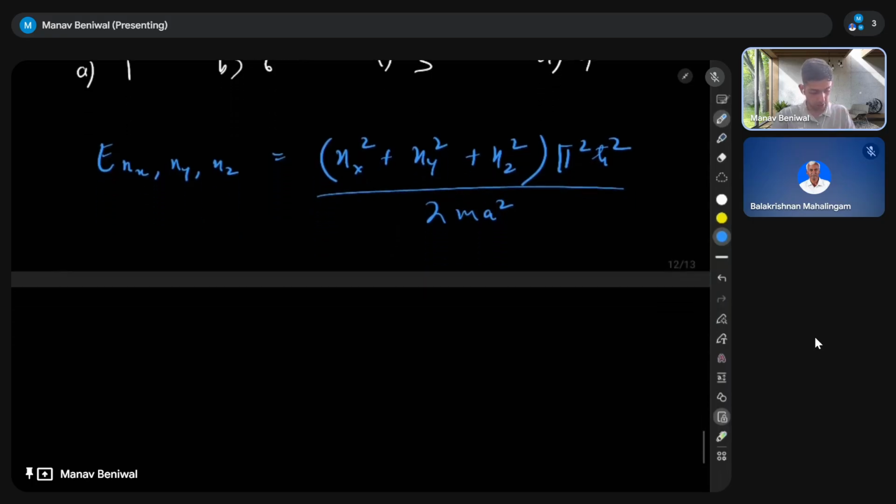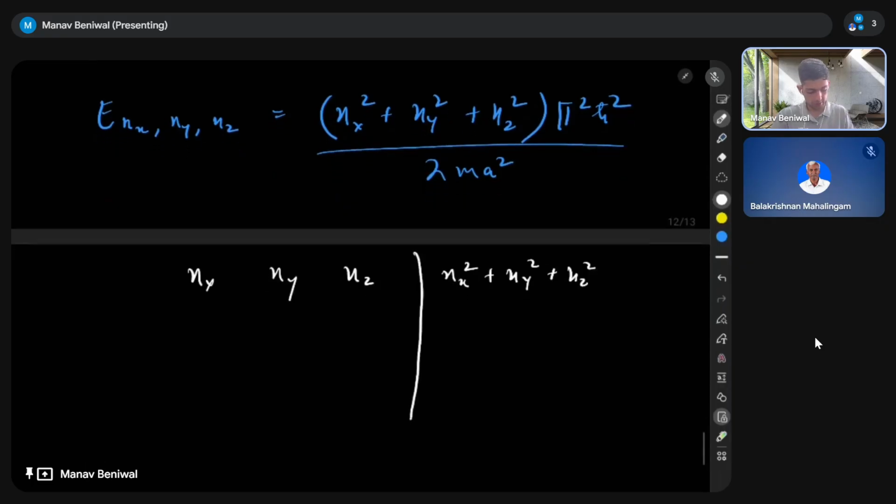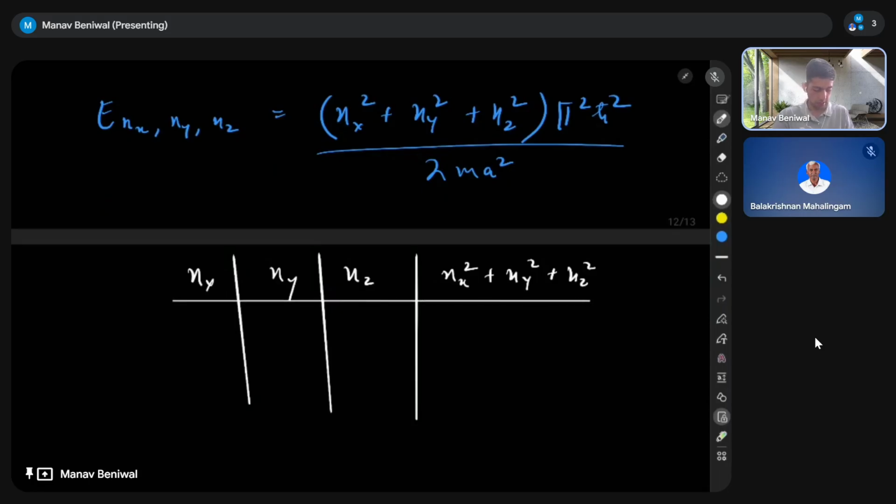So let's find out the value of nx squared plus ny squared plus nz squared. Let's make a table, where we have all these things, and then let's calculate.